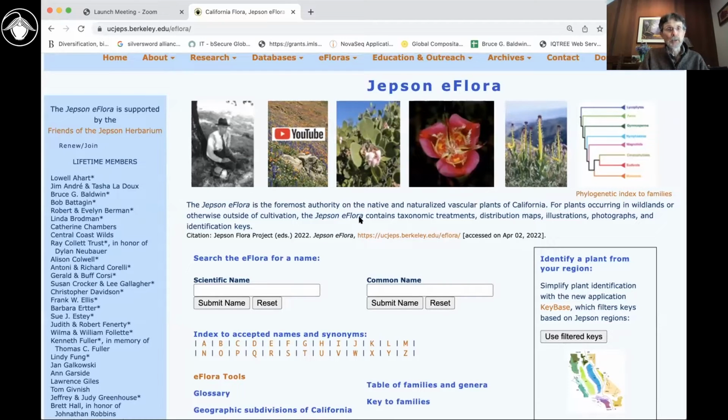But in any case, when we go to identify a plant, the way taxonomy is set up botanically is that there is a hierarchy of categories or ranks. And we talked about flowering plants, which is the main subject of this workshop.